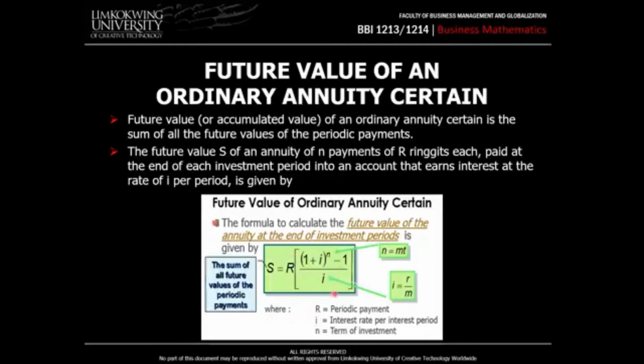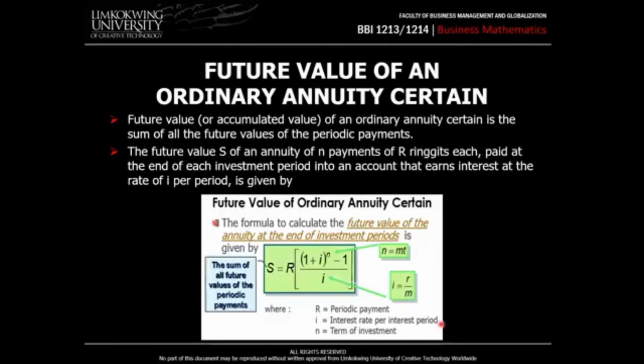R refers to the periodic payment, which we can consider as the amount that you deposited. I is the interest rate per interest period. If you still remember, we learned about compounded quarterly and compounded semi-yearly.